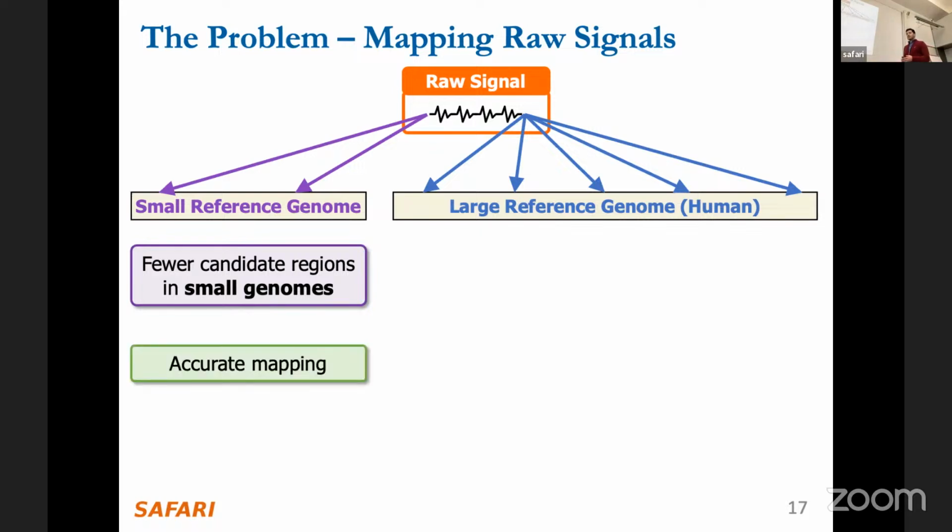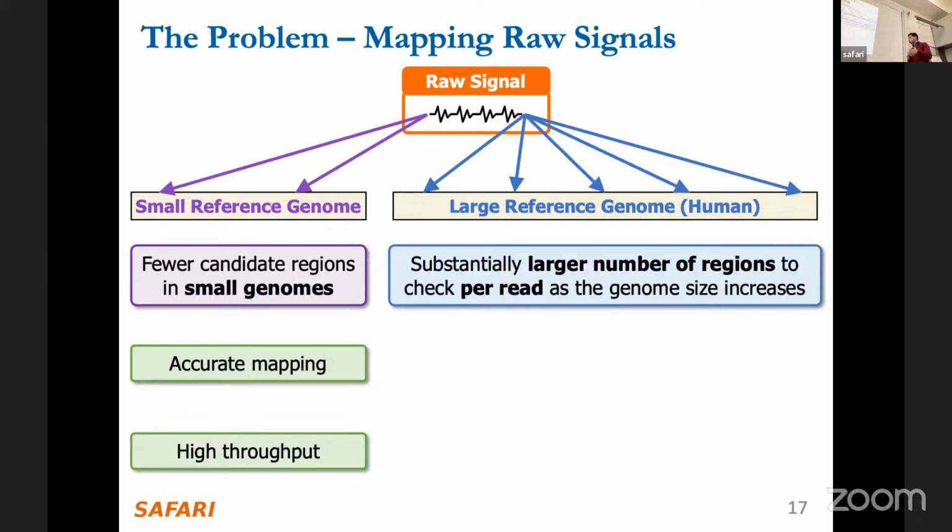Since there are fewer regions to focus on, maybe you can make more accurate decisions. You don't have to confuse your computation with too many regions. And second, since you're processing less information, you can process it faster per read at a time. So you can achieve relatively high throughput with small genomes.